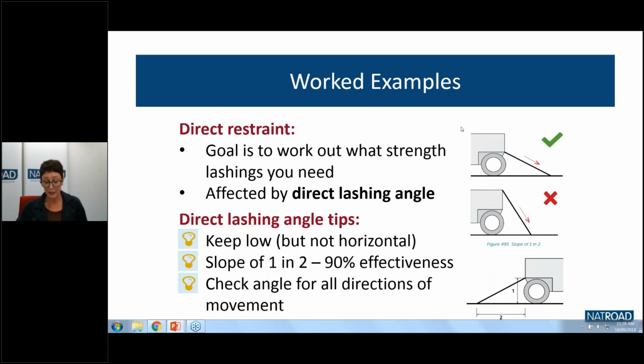But unlike the tie-down restraint method, with direct lashings, you're looking to keep the angle as low as possible, but not horizontal, but as low as possible. So generally a good rule is a slope of 1 to 2, and you'll see that on the side there, as that gets you sort of a 90% effectiveness in your lashings. And also a tip, just to remember to check that angle for all directions of movement.